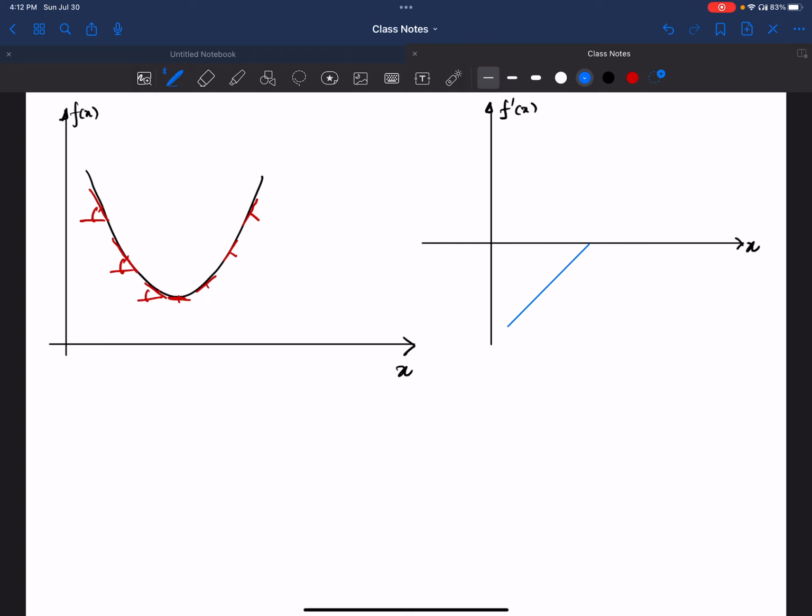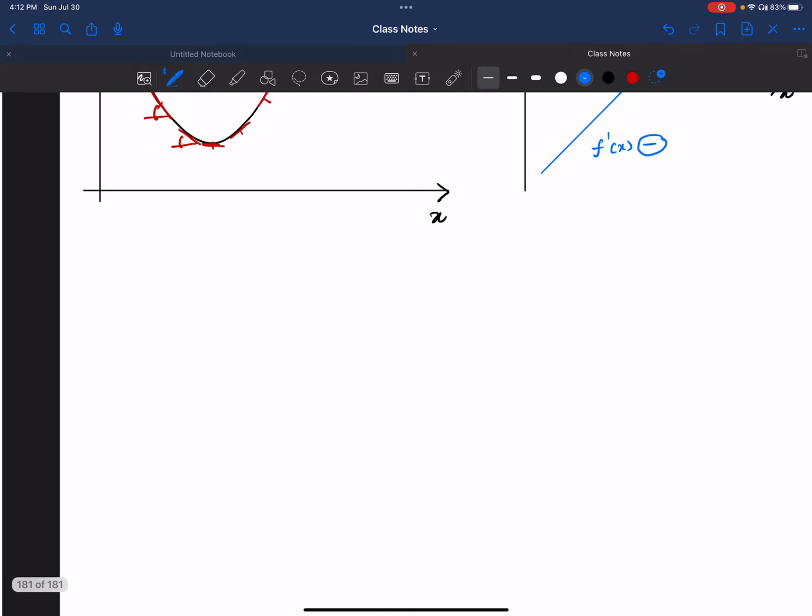And it becomes 0, and then it starts increasing to positive, right? So the sign of f prime of x changes from negative to positive at this kind of a place. That means a minimum.